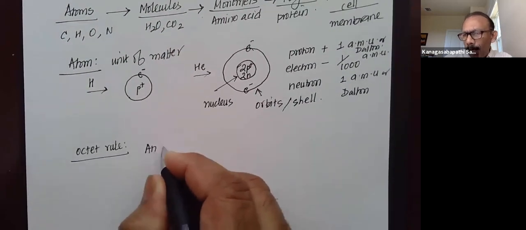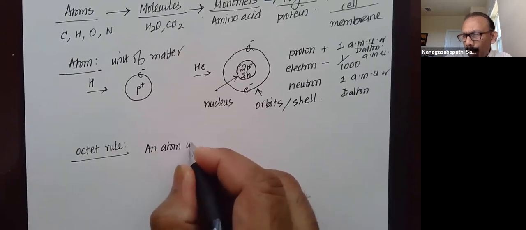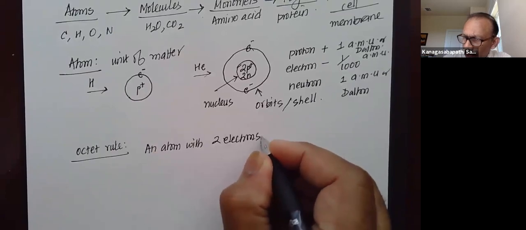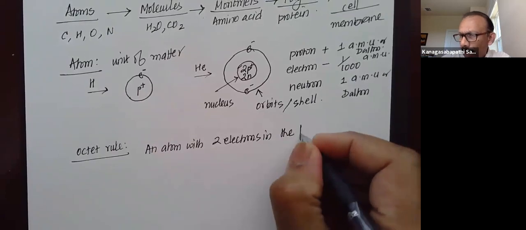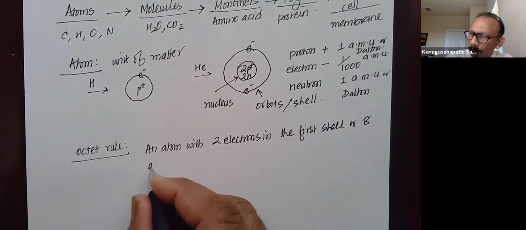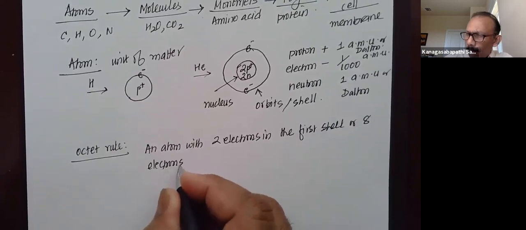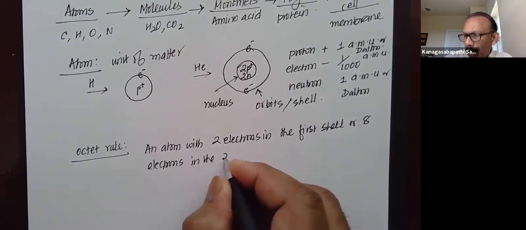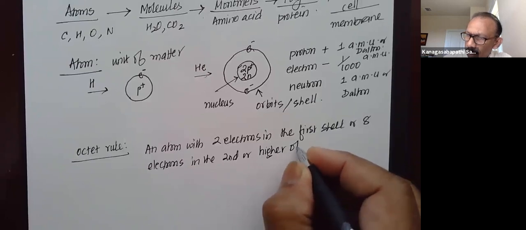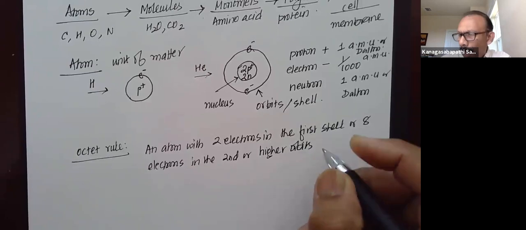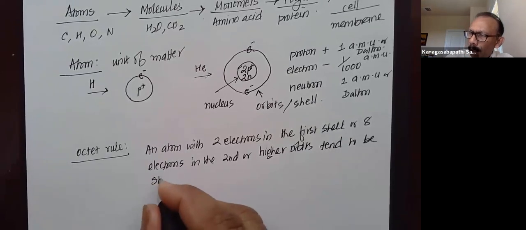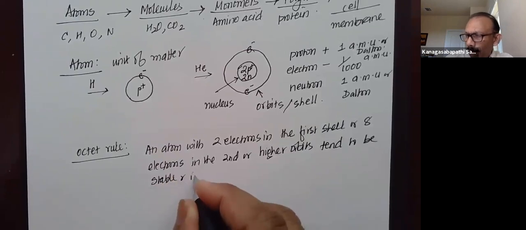And this states that an atom with 2 electrons in the first shell or 8 electrons in the second or higher orbits tend to be stable and inert.